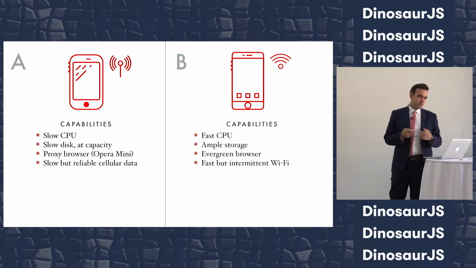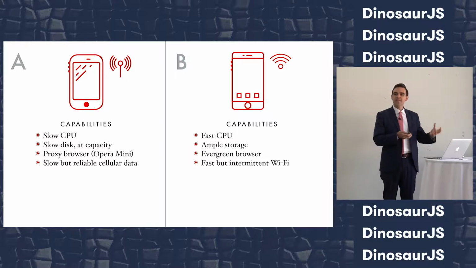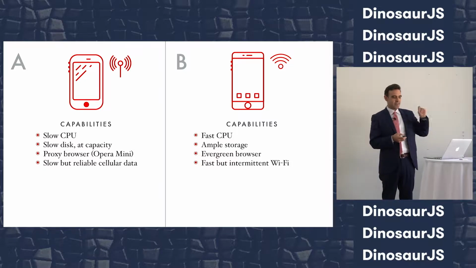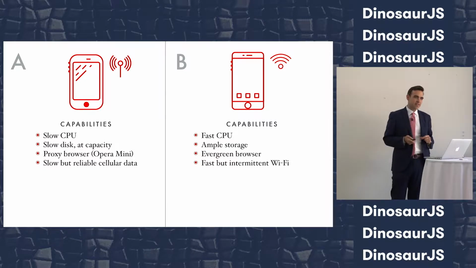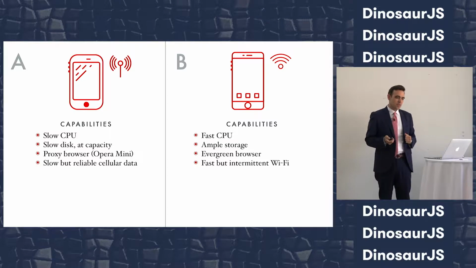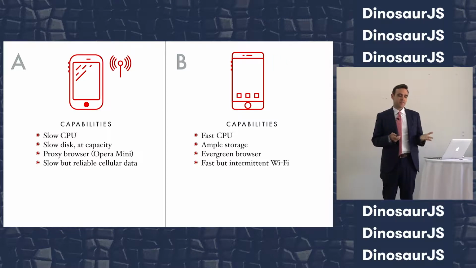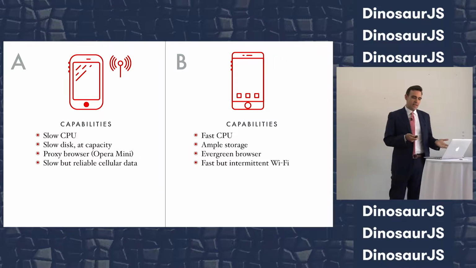In comparison, user B has a high-end phone with a CPU that rivals laptop computers, plenty of fast storage. The only problem is that, let's say this person is traveling internationally and they don't have a data plan. So while they sometimes have access to broadband internet when they're at their hotel, it's only when they're in range of that Wi-Fi network.